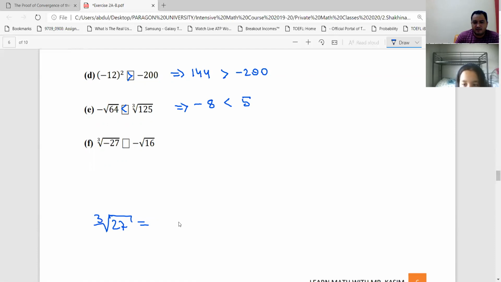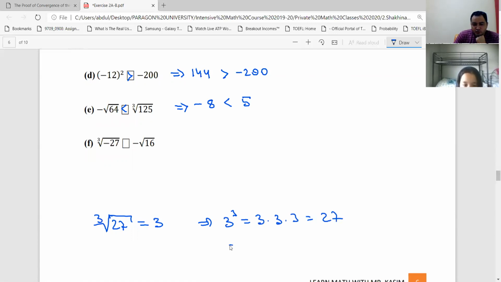Wait. 3 times 3 is 9. 9 times 3 is 27. I'm confused. 3. Why? Because 3 cubed, right? That is 3 times 3 times 3, which is equal to 27. Oh, I see.